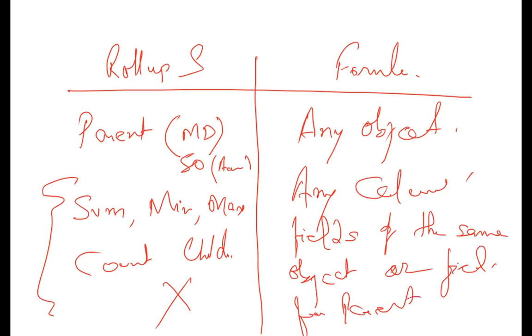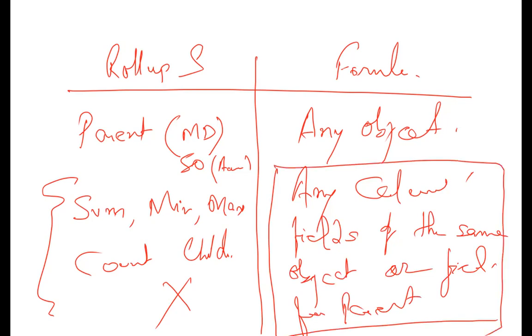Okay, that means in a formula field you can use the fields of that object itself, or you can use the fields from your parent object. That means if you have a lookup parent or a master detail parent, then you can pull the fields from your parent.